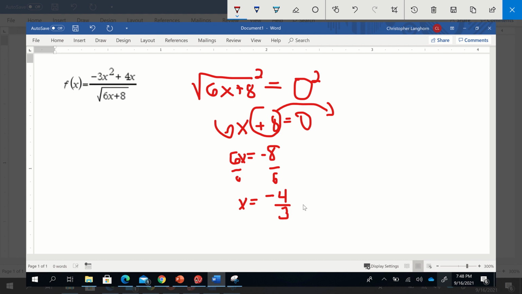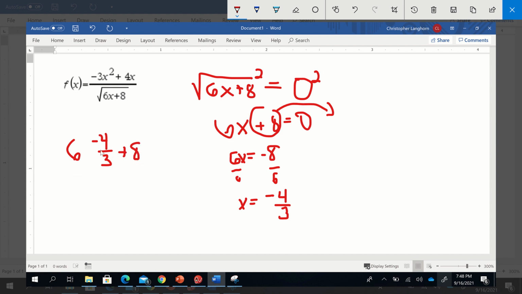So if x is negative 4 over 3, I'm going to get a 0 here. So you can check it. You can say 6 times negative 4 over 3, plus 8. You're trying to see if that's equal to 0.